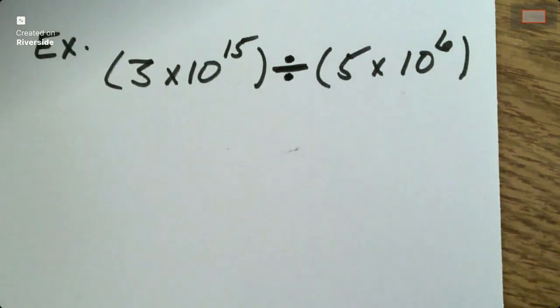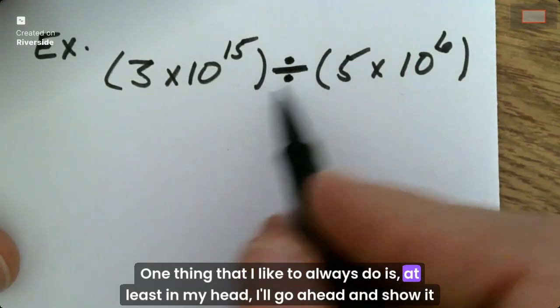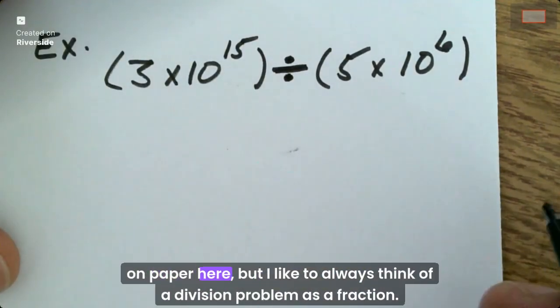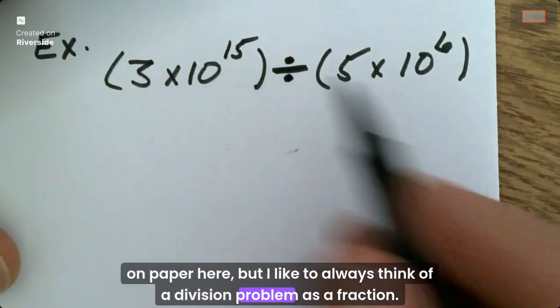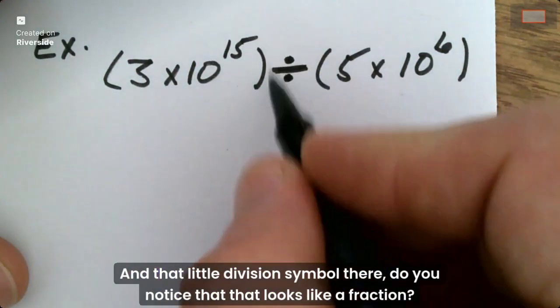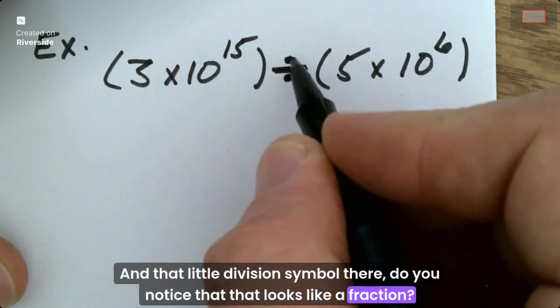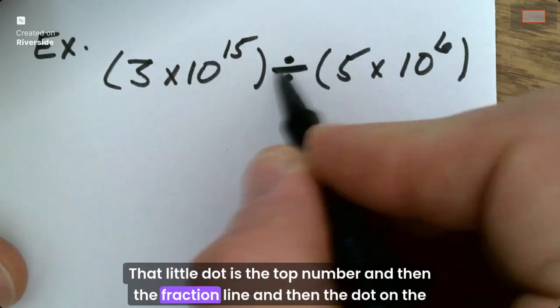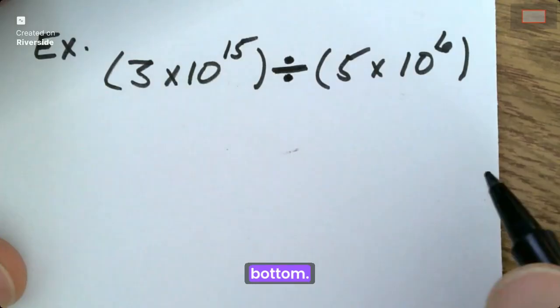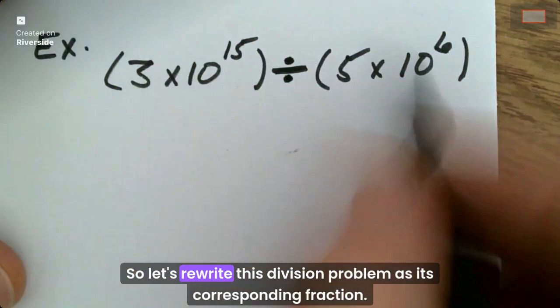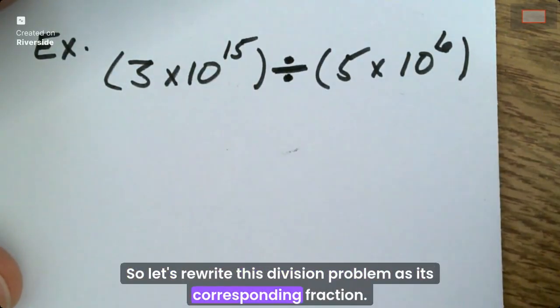Okay, so one thing that I like to always do, at least in my head, I'll go ahead and show it on paper here, is think of a division problem as a fraction. And do you notice that little division symbol looks like a fraction, right? That little dot is the top number, and then the fraction line, and then the dot on the bottom. So let's rewrite this division problem as its corresponding fraction.